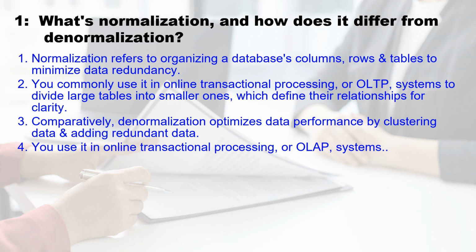You commonly use it in online transactional processing, or OLTP, systems to divide large tables into smaller ones, which define their relationships for clarity comparatively. Denormalization optimizes data performance by clustering data and adding redundant data. You use it in online analytical processing, or OLAP, systems.